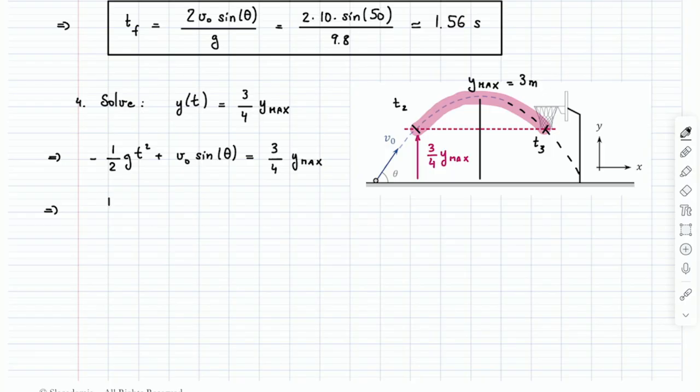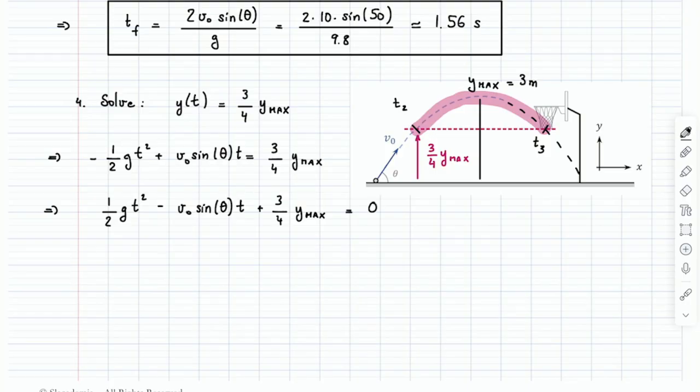So if I throw everything onto the right side, I get 1/2 g t squared minus v0. I forgot a t now, didn't I? There's a t right there, my bad. Sorry about that. Fix that real quick. There we go. All right, minus v naught sine theta t plus 3/4 of y max is equal to 0.